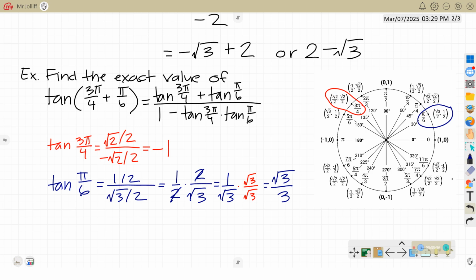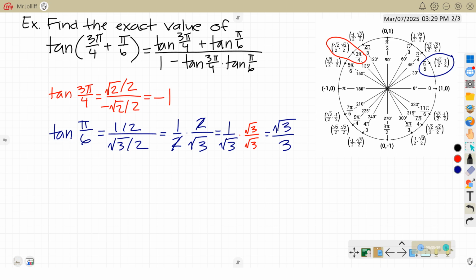Perfect. So to scoot this up, I now know tan of 3 pi over 4 plus pi over 6 is equal to tan 3 pi over 4, -1, plus tan pi over 6 is √3/3.